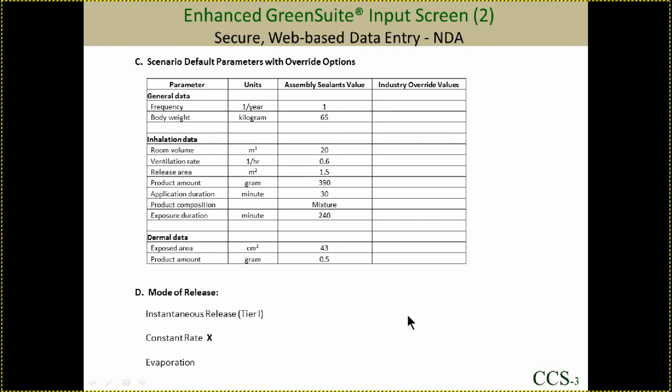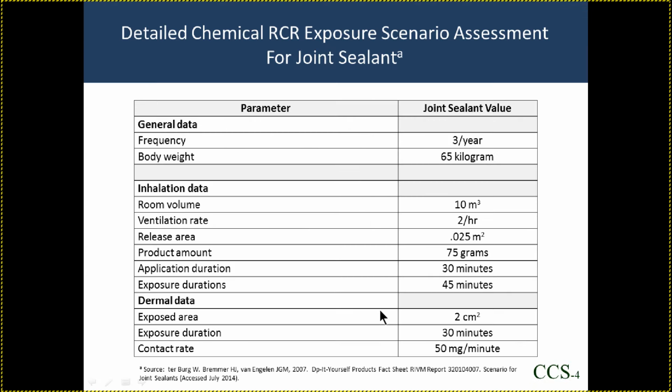We've checked here the constant rate, and that's what will be used then by the algorithm to calculate the exposure dose. In this case, this is simply a summary of the exposure scenario and what we've incorporated. The frequency, for example, we changed to 3 times a year. Some of the other values we may have modified, but this is what the system's going to use now.